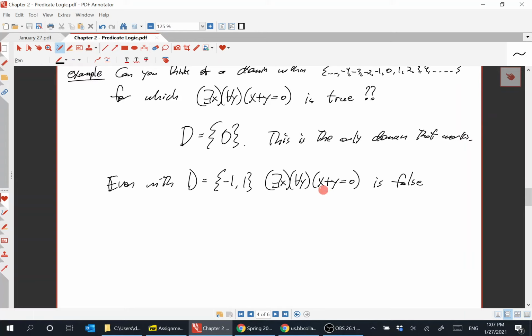So, okay, can we make a statement like this that's true? However, with D equal to -1, 1, this statement is true.